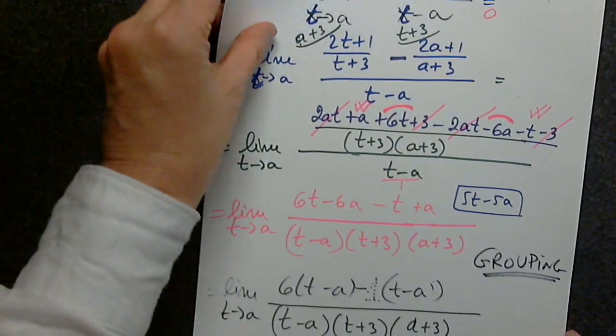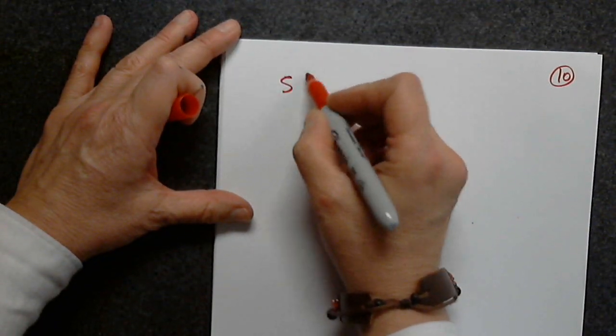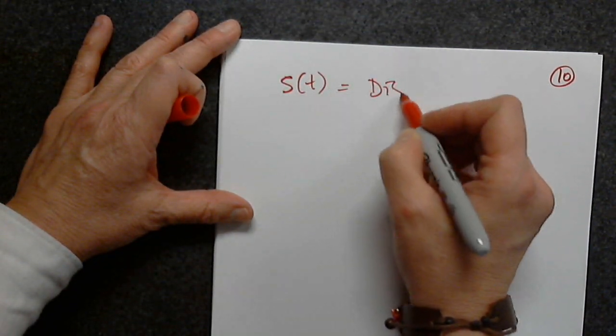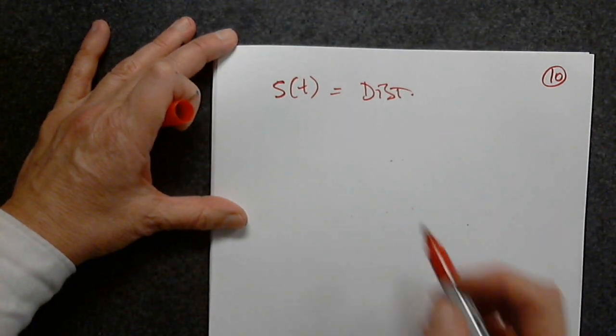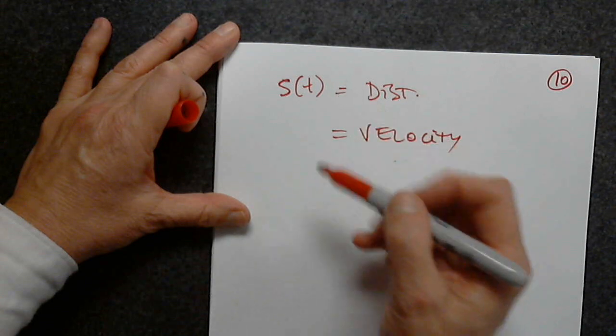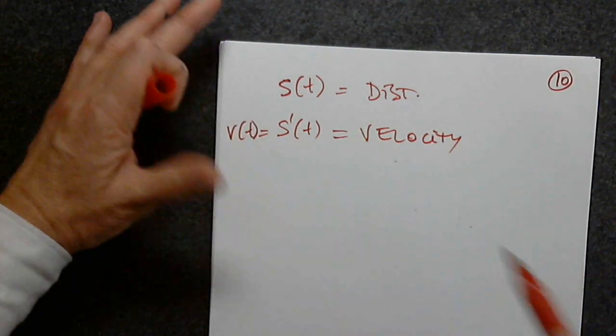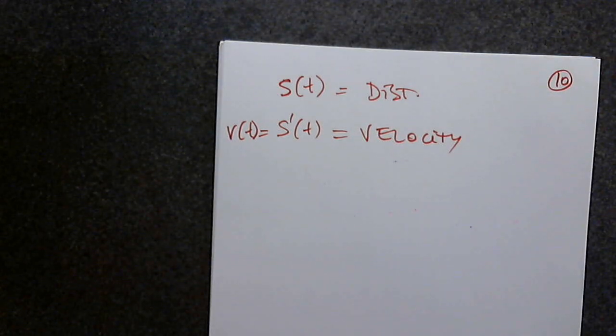So if we're given a function like s of t, distance, how do I determine the velocity? Yes, s prime of t, or v of t, will be the rate of change of distance with respect to time, which will be the velocity.